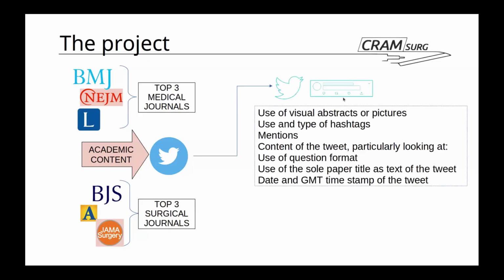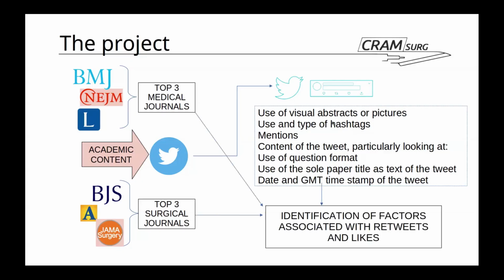And I looked at each of the tweets that the journals put out, and I looked at how those tweets were structured, looking at the use of visual abstract, use and types of hashtag mentions, and so on. And finally, I attempted to determine whether there is a relationship between either the publishing journal or the way the tweet was made and generated, and the number of retweets and likes that such tweets actually get.